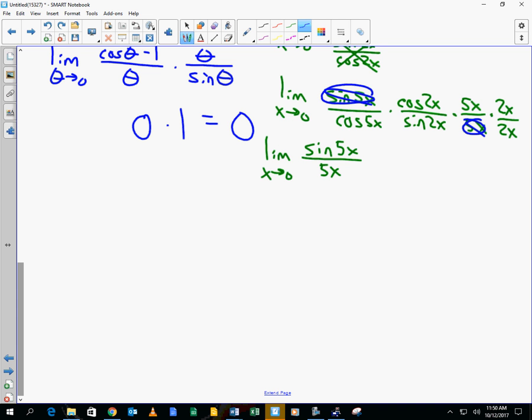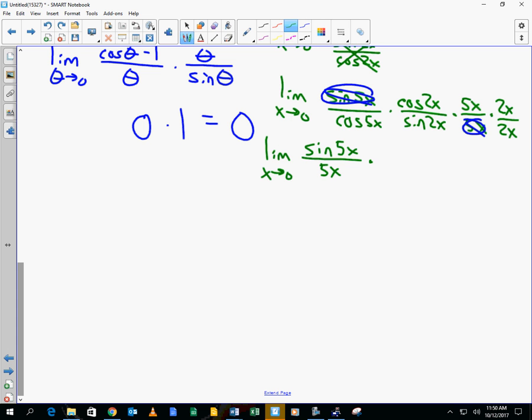Well, I'm just moving it. I'm just using the commutative property of multiplication. The cosine will just take one of those spots. But it's cosine of 5x. We can't just take that cosine out. I don't want to do cosine of 2x over 2x.